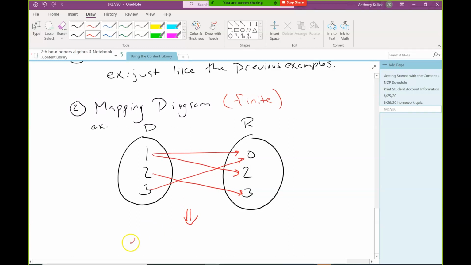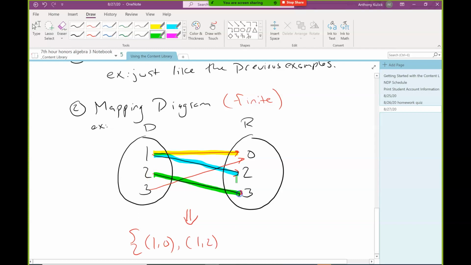To give you an idea, translating this back to a set of ordered pairs so you can get a good idea of what this is saying. This arrow here represents the ordered pair 1, 0. This arrow represents the ordered pair 1, 2.